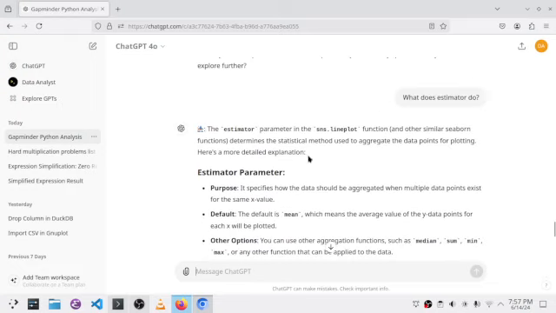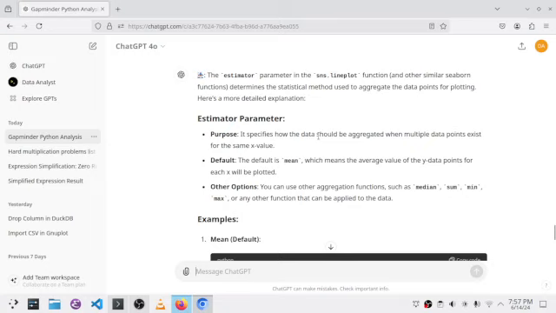The estimator parameter in the Seaborn lineplot function determines the statistical method used to aggregate the data for plotting. More detailed explanation, purpose: it specifies how the data should be aggregated when multiple data points exist for the same X value.